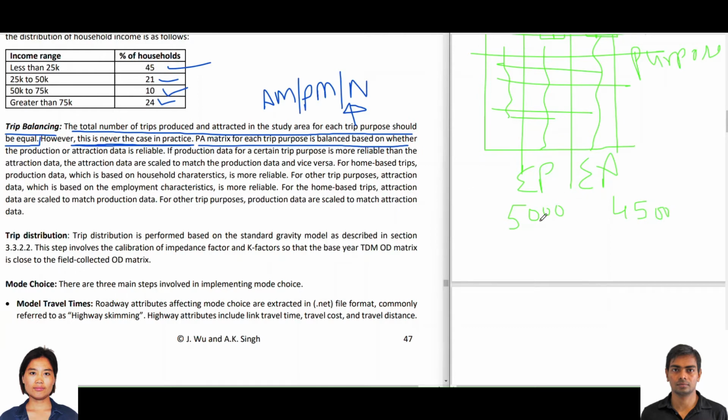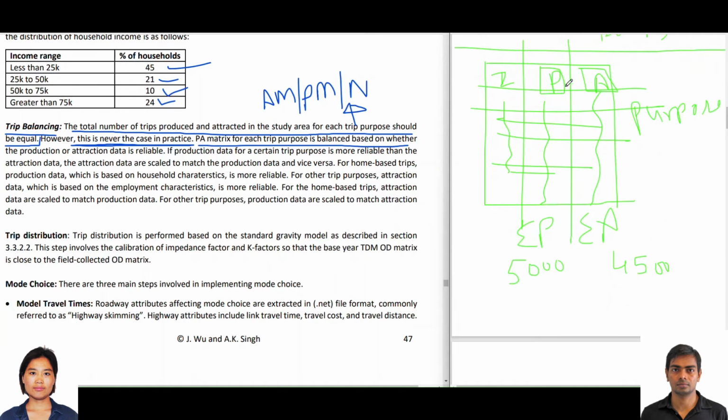If we have full trust in production, then we scale up the attraction to match the production's 5,000. We multiply all the numbers by 5 divided by 4.5 so that the total sum of attractions becomes 5,000. If we have full faith in attraction, then we scale all the production numbers equally so that they become 4,500.